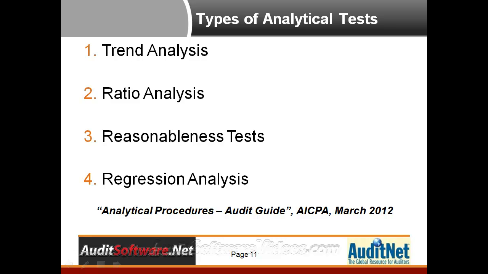So something doesn't have to fit to Benford's law. It could just be within your own data that you're taking a look at this year to last year or over various time frames. So trend analysis can be very effective.